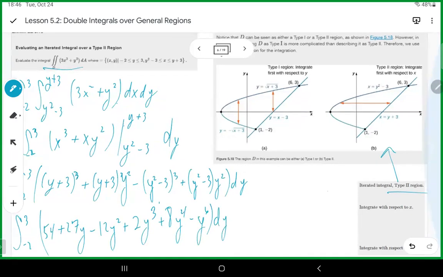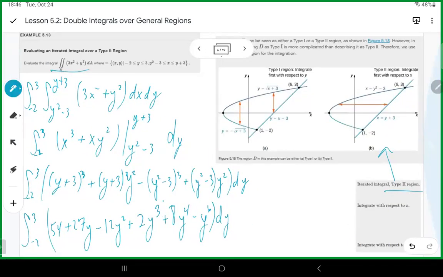And then to do that integration, you're going to end up with 54y plus 27 over 2 y squared minus 4y cubed plus y to the 4th over 2 plus 8y to the 5th over 5 minus y to the 7th over 7, from negative 2 to 3.